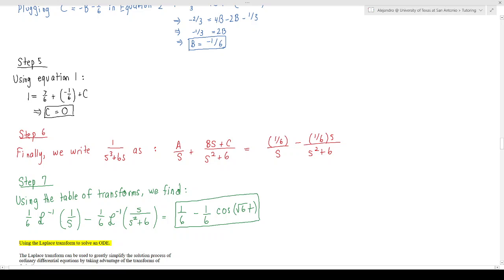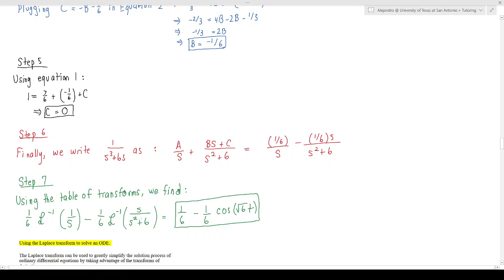We have the inverse Laplace transform of 1 over s. We've pulled out the 1 over 6 because it's a constant, and that simply turns into 1. So we have 1 over 6 in this answer. And the inverse Laplace of s over s squared plus 6, because we've pulled out the 1 over 6.